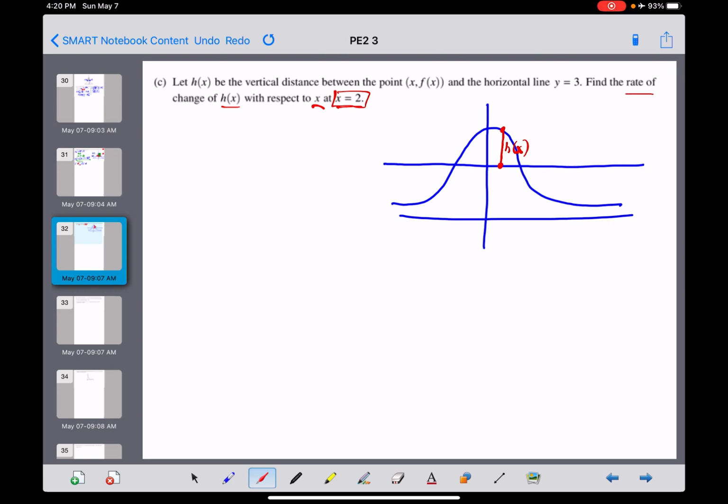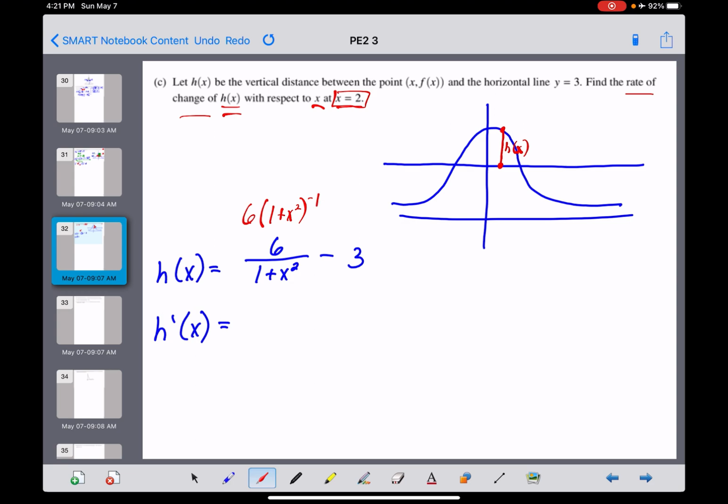I'm looking for a rate of change of h of x, which tells me that I need a derivative, but before a derivative, I need a function. H of x is the vertical distance between these two curves. So it would be the top function, which is 6 over 1 plus x squared, minus the bottom function, which is y equals 3. And then I said, okay, h prime of x, here we go. I would probably write this as 6 times 1 plus x squared to the -1 power.